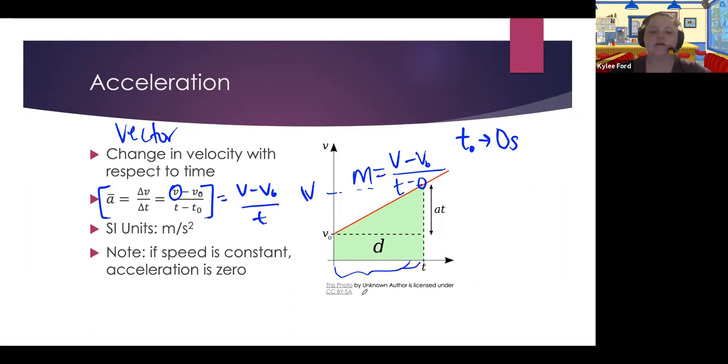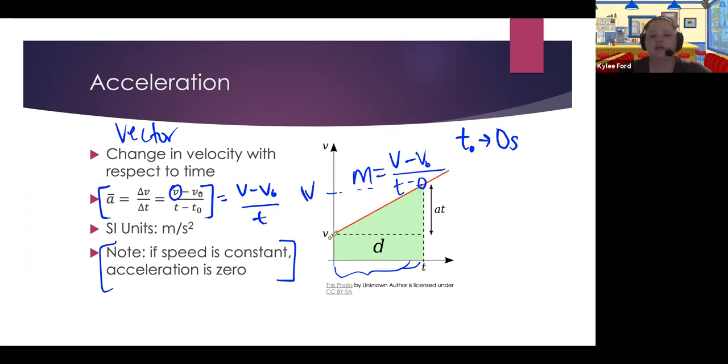All right. We want to also note our SI units as meters per second squared, okay? And this is just a big note here. If our speed is constant or our velocity is constant, our acceleration is 0.